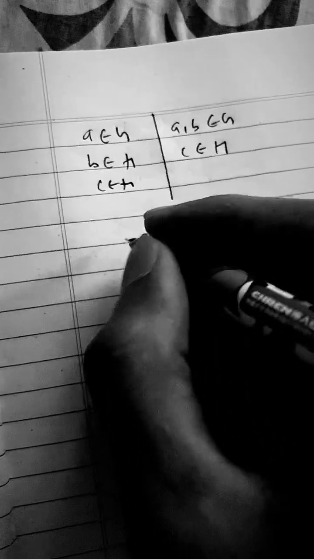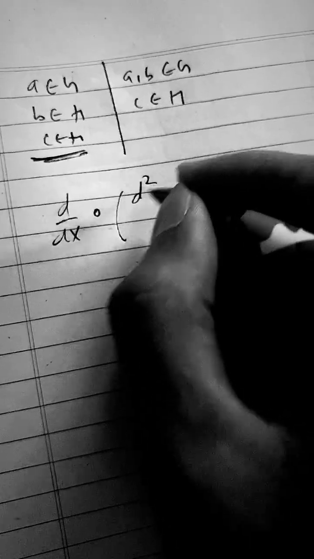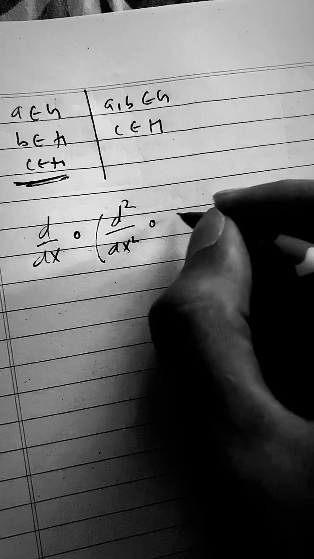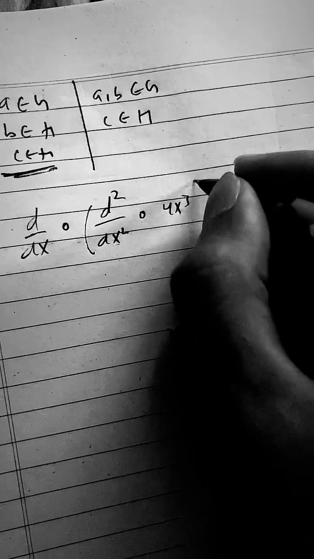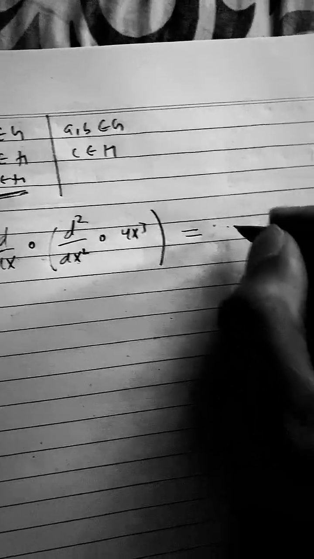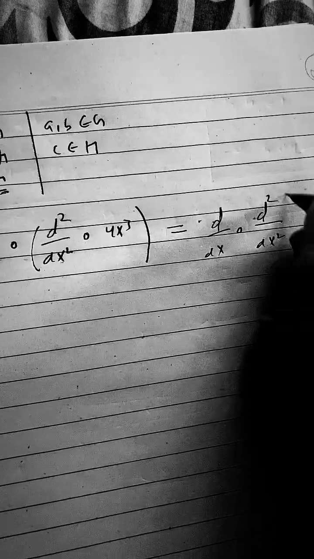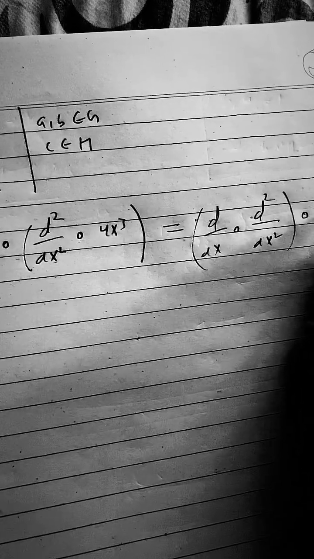So first, for this structure, let's say A is d/dx, B is d^2/dx^2, and C is, let's say, 4x^3. Now we have to check, is this equal to d/dx of d^2/dx^2 of 4x^3, right?